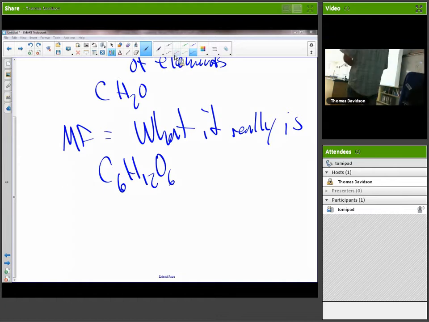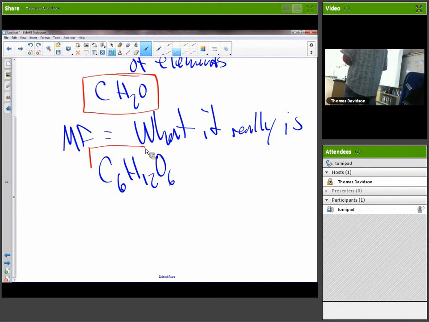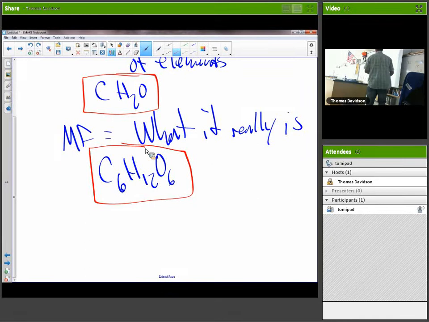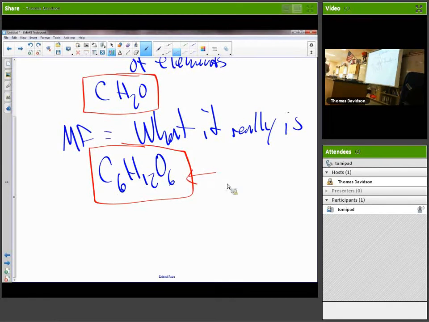The process that we've been doing can only find you the empirical formula. It cannot find you this. So there's a problem. So what if I am decomposing sugar? Well, if you're decomposing sugar, they're going to give you one other piece of information that they can find, and that's the mass of the molecule, or the molecular weight.